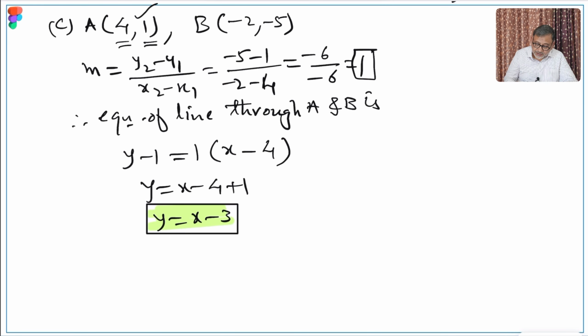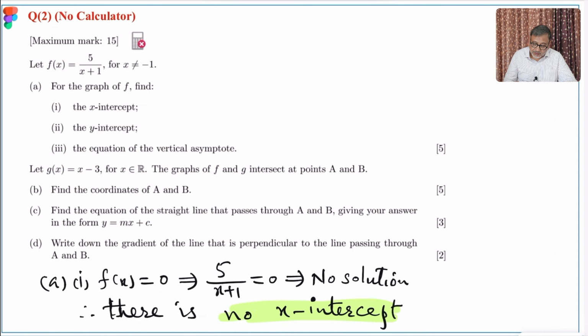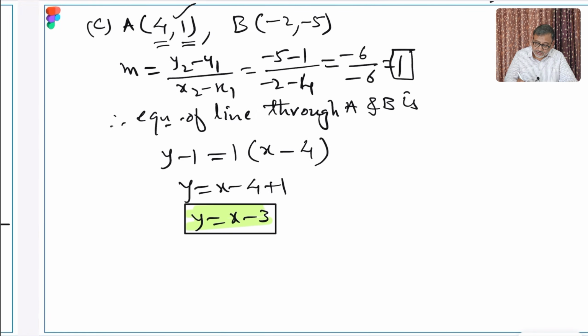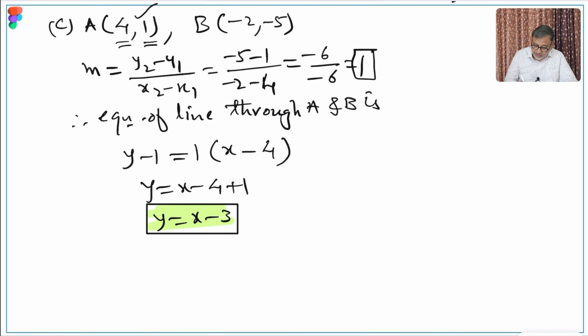Okay, next is the D part. Write down the gradient of the line that is perpendicular to the line passing through A and B. Look here, the gradient of AB is 1.